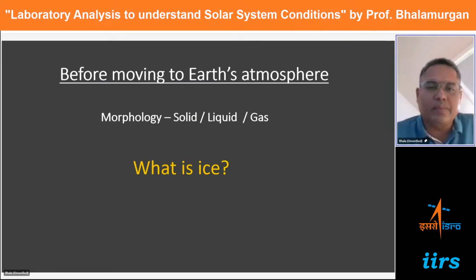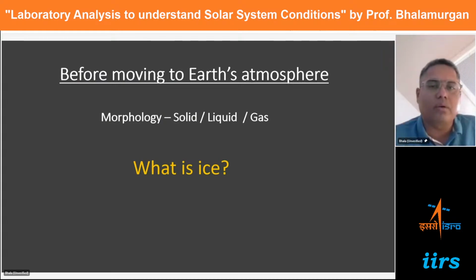And when we say the ice part of it, the ice component of molecules, we are not on the surface. We are somewhere else where the low temperature is dominating. So we are going into the Earth's atmosphere. When you move above, there you're going to see the morphology, which is solid, liquid, or gas, which we know.